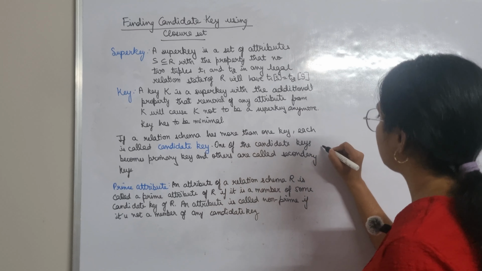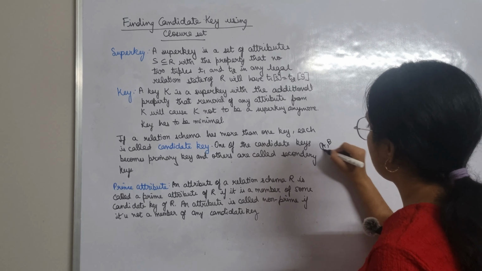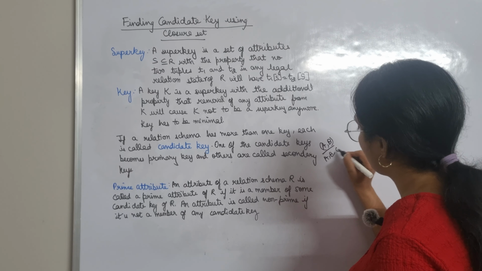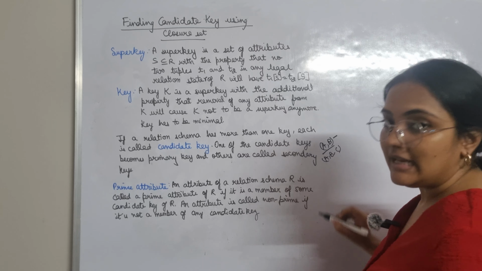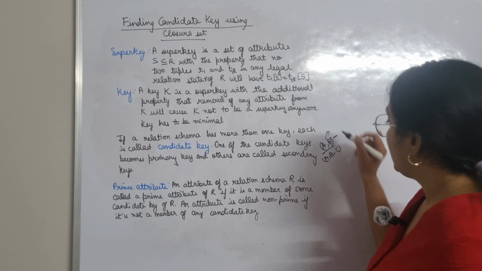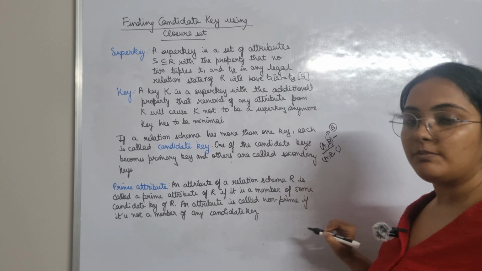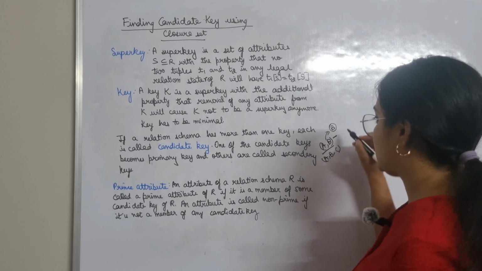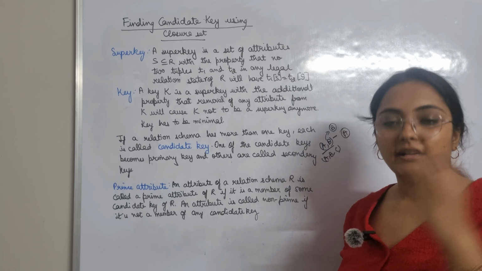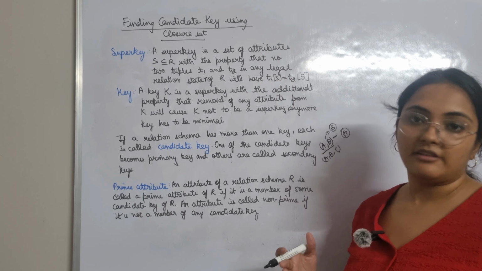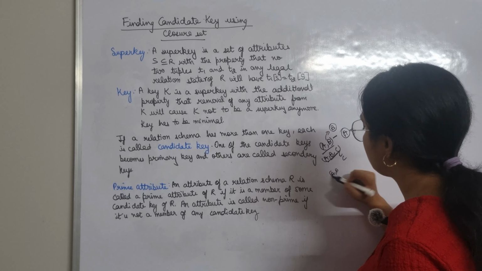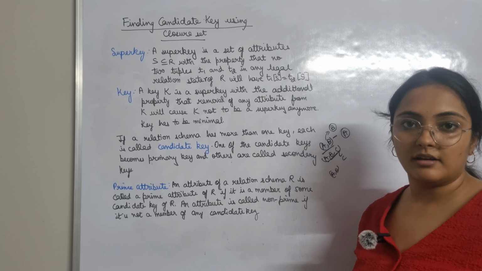Key is a minimal super key: if I remove B, I will not be able to uniquely identify each tuple in the relation schema using only A. That is the key. We cannot remove any attribute and still be able to uniquely identify each tuple. But with a super key we can still remove. We can remove C, and using AB we will still be able to identify each tuple in the relation schema.